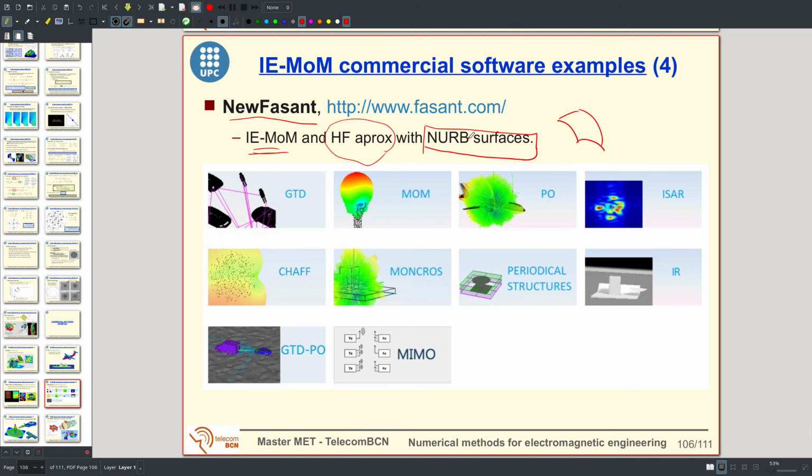These NURB surfaces, meaning non-uniform rational B-splines, are parametric surfaces that are in fact curved, and it is able to define basis functions in these curved surfaces and solve the surface integral equations with method of moments with a very accurate modeling of the geometry. This is probably the best differential feature between this software and the others. Anyway, it's very good and developed by a Spanish group, and I like it a lot.